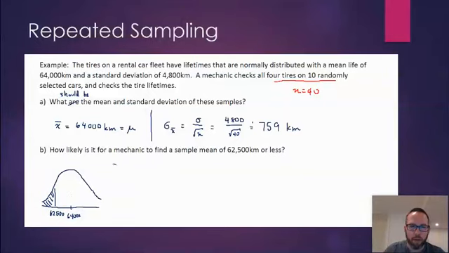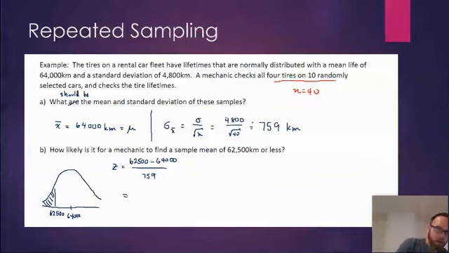The way we normally do that is to find a z-score, which will be negative. 62,500 minus 64,000, all over our standard deviation of 759, is about negative 1.98.